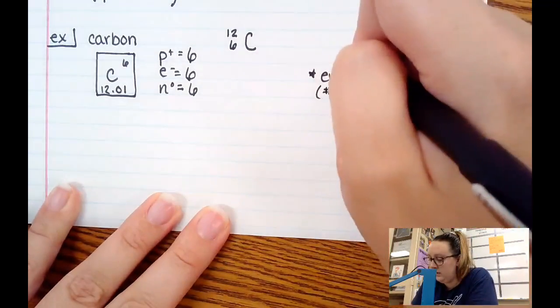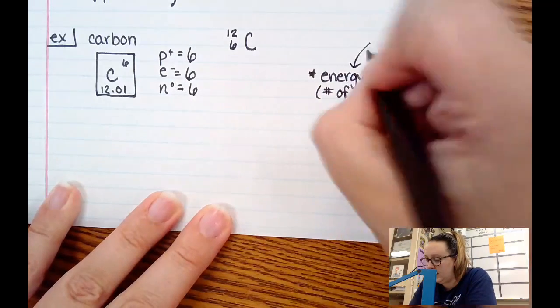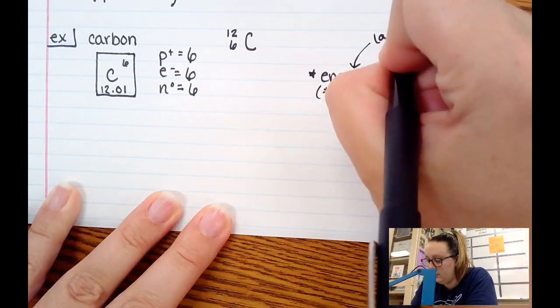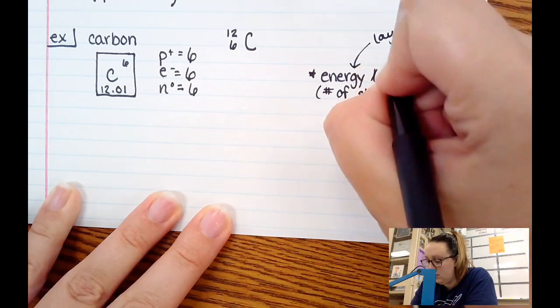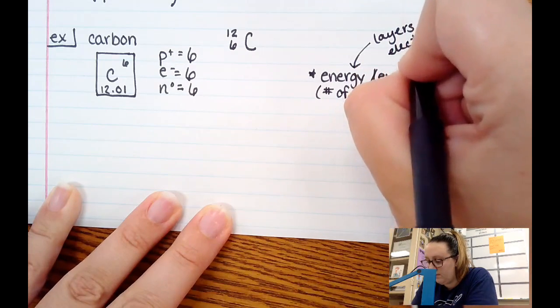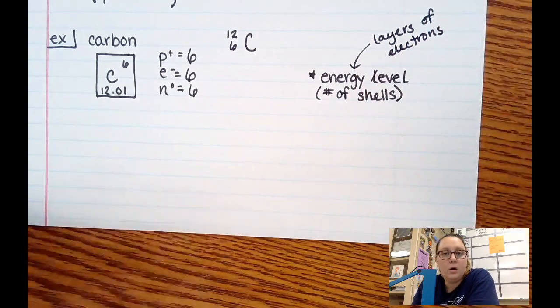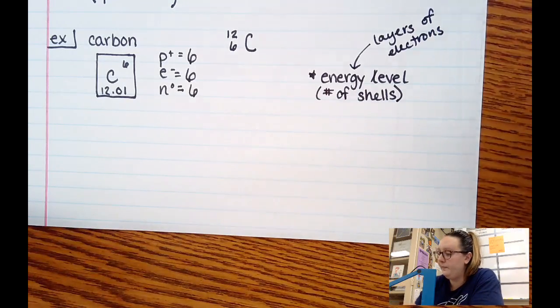This is also like the layers of electrons around the nucleus. And there's an easy trick.